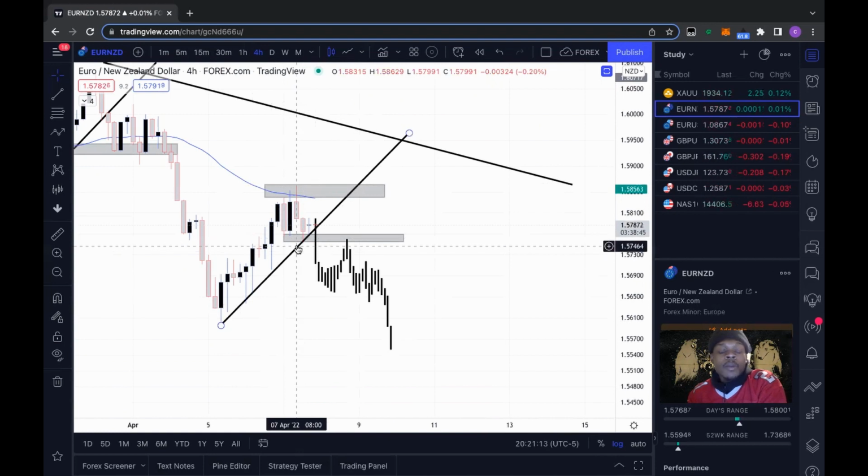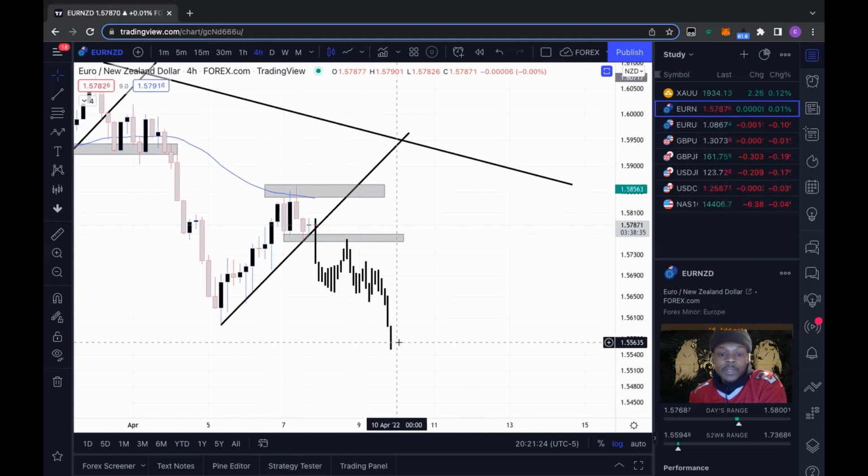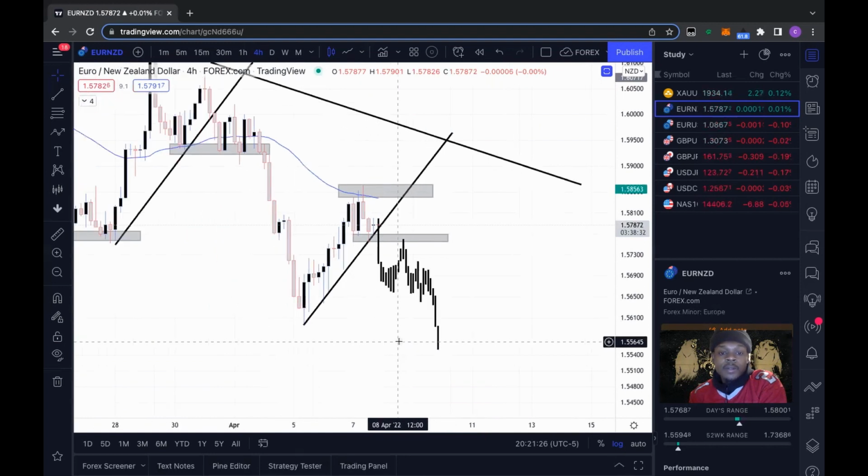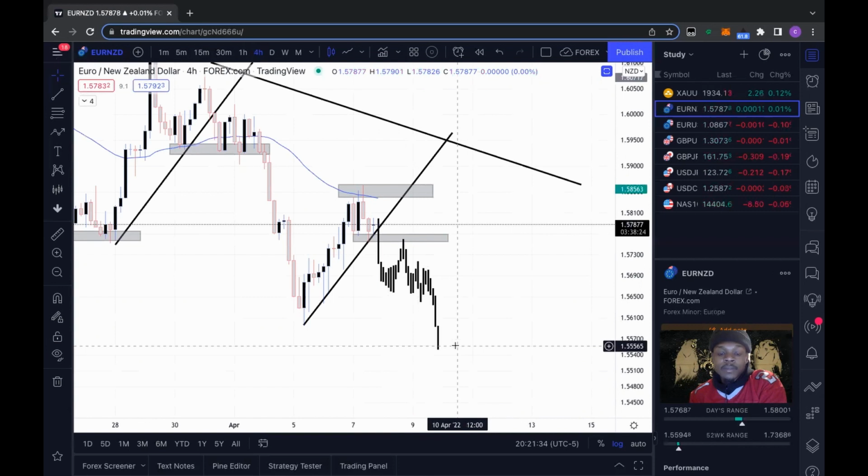Now, the market is looking like it's wanting to break this uptrend right now. So this will be our impulse, correction, continuation, right? Impulse will be the break of this uptrend, correction, which will be the pullback, and then continuation, which will be the continuation of the sell.